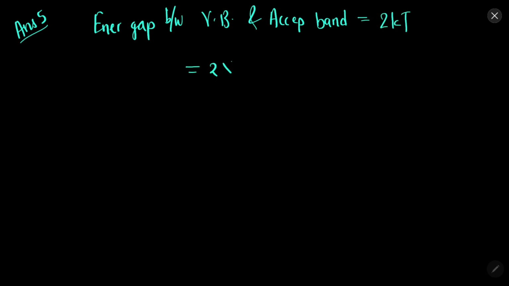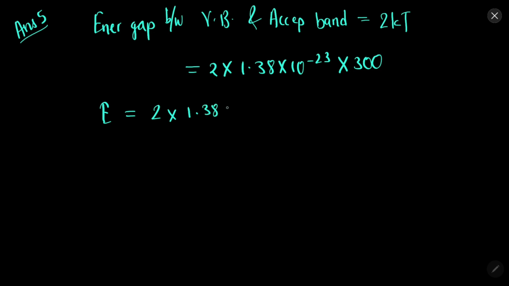So that is 2 into 1.38 into 10 to the power minus 23 into 300. So the energy gap will be 2 into 1.38 into 3 into 10 to the power minus 21 joule.